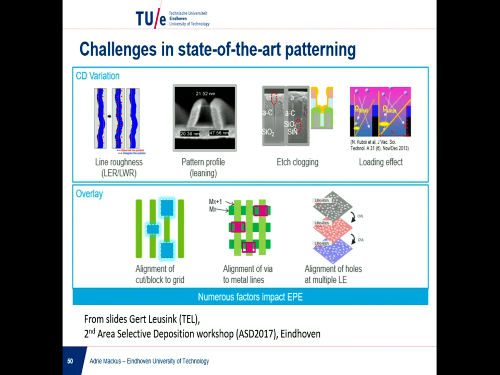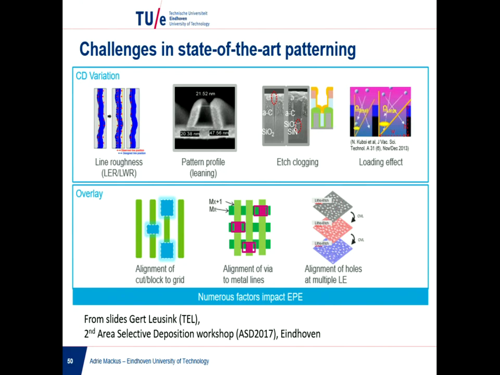So what we discussed so far is kind of the PowerPoint version of area-selective deposition, where everything looks nicely ordered. In practice, if you do patterning, you're facing all kinds of challenges, especially if you go to small dimensions. If you define a line with lithography, what you get in the end is not a perfect line, but you get some line edge roughness.